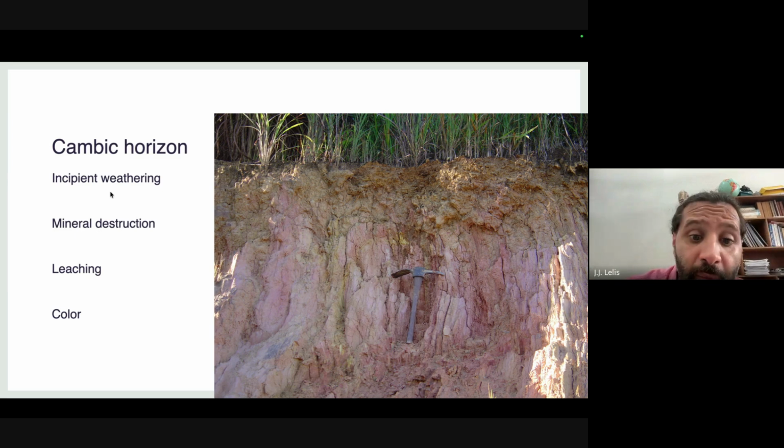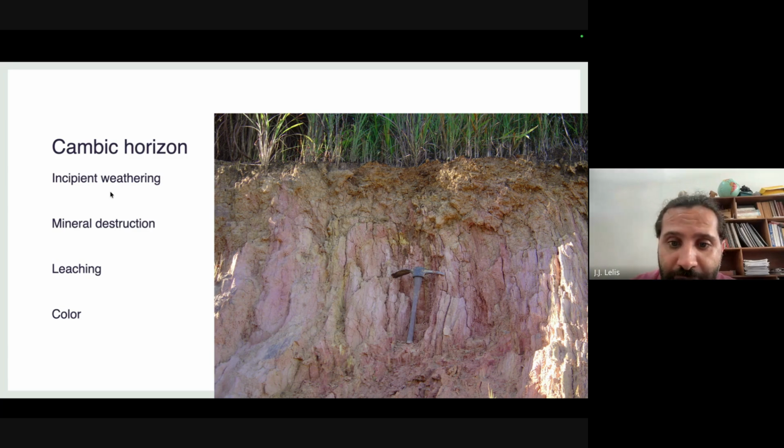We have some mineral destruction, so we have the weathering of primary minerals, for example, calcite, gypsum, feldspars, olivine. We register some leaching. So this Cambic horizon cannot evidence any concentration of, for example, calcium carbonate or gypsum or silica. Okay, so you need to register leaching. You need to register loss of material.